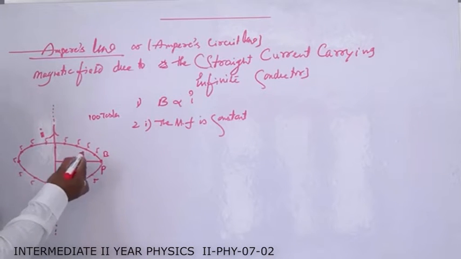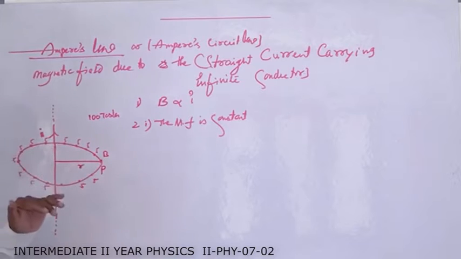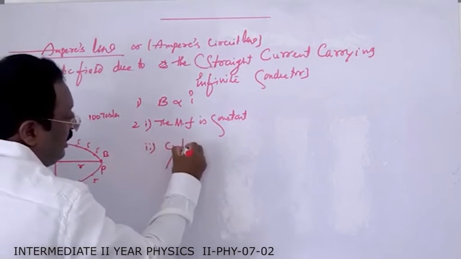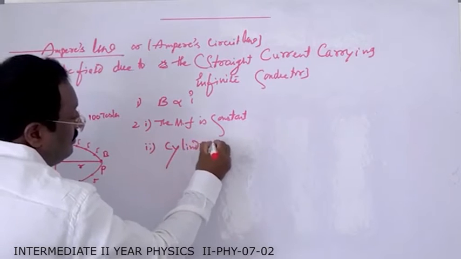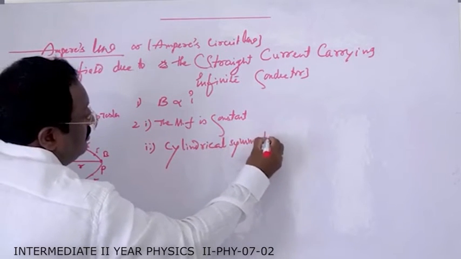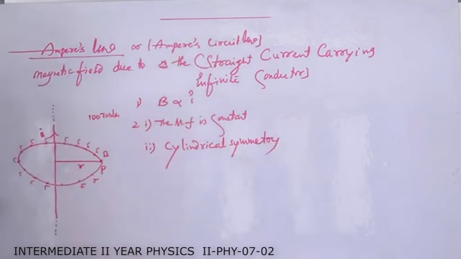Here the magnetic field has symmetry. This symmetry is called cylindrical symmetry. Here the constant magnitude of magnetic field also forms concentric circles.